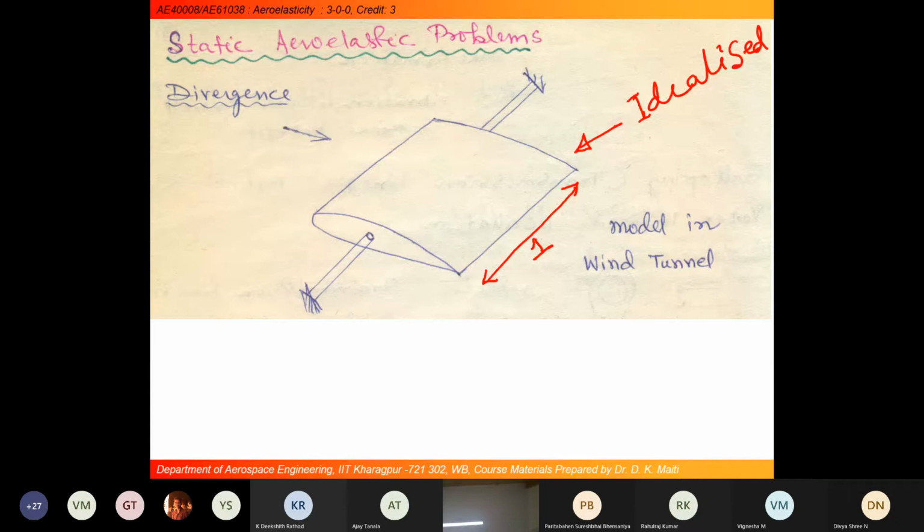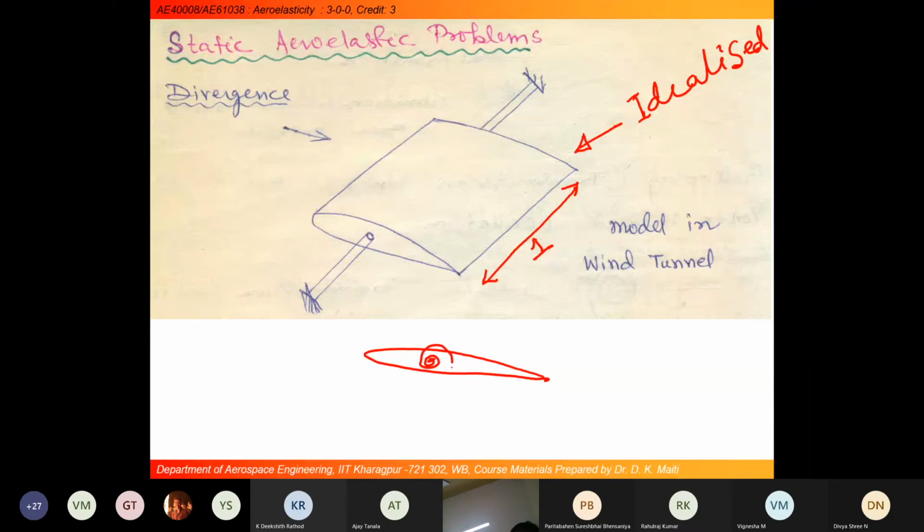So suppose we are considering a long span rectangular wing, we can take a small strip, and on that strip, whatever aerodynamic loads are coming, we calculate using the thin aerofoil theory. Obviously, when I take this aerofoil, I'll be taking a spring, meaning elasticity, into consideration.